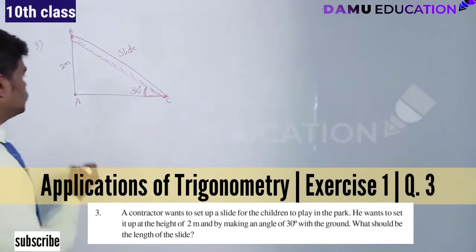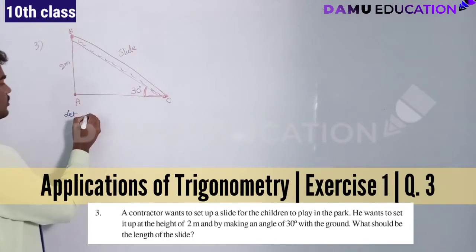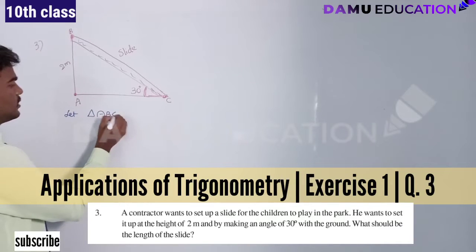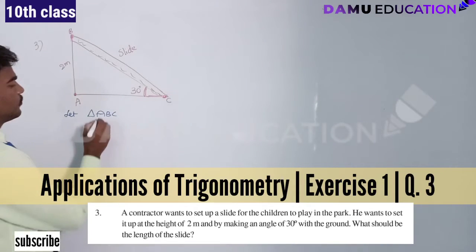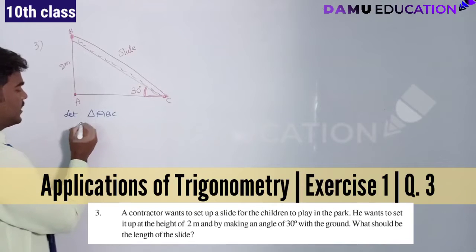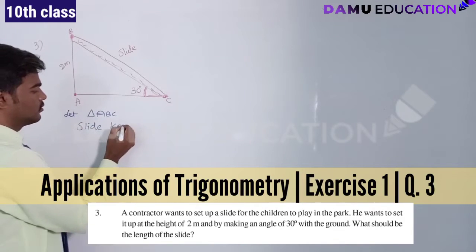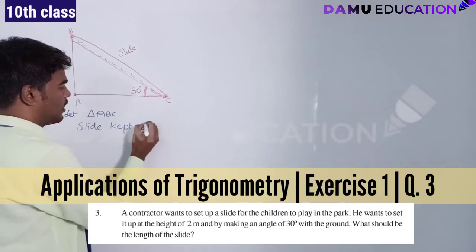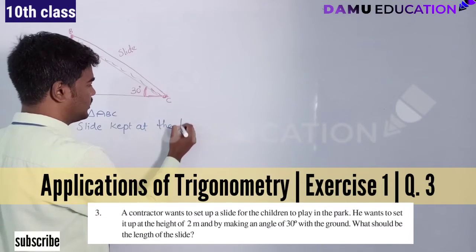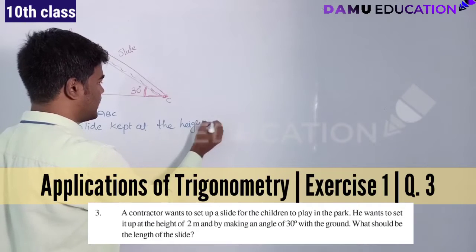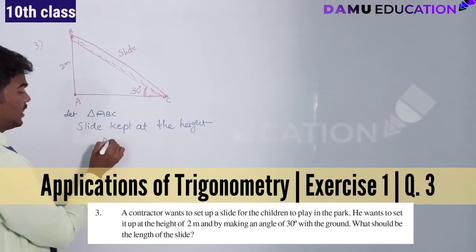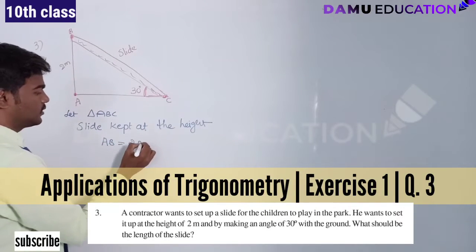Okay, so let's take triangle ABC. The slide is kept at the height. What is the height? AB will be equal to 2 meters.